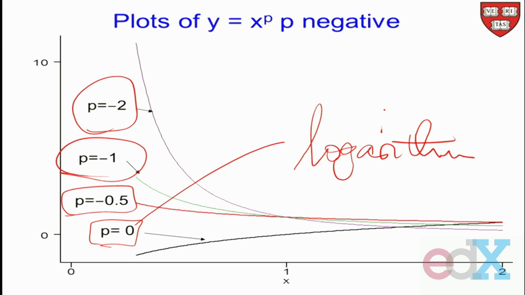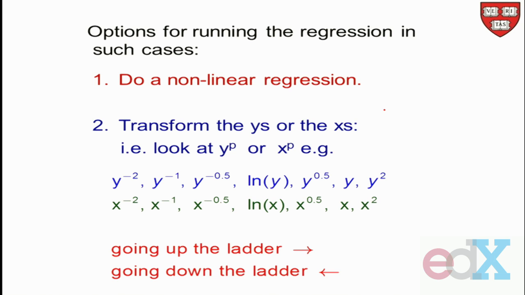The reason I'm doing this is because if we do that, then we can create what is called a ladder. So here's the ladder, and here's the ladder in terms of the y's. So we go from -2 to -1 to -0.5. This would be the 0, but let's just do log, and then go up the ladder, 0.5, 1, 2, and we can use any numbers. This is not restricted to -2, -1, -0.5. It's any number, any negative number.